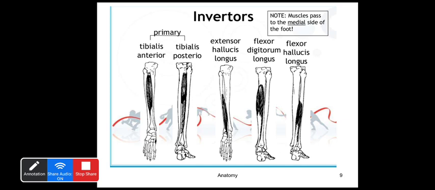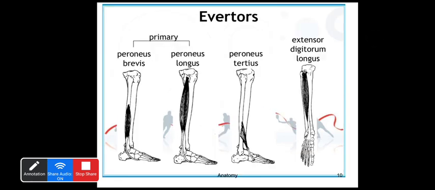These are the muscles responsible for the inversion at the subtalar joint, inversion of the foot. Of course, the movement is restricted while the foot is on the ground, with the weight transmission. So that's the muscles responsible for the inversion. Coming to the eversion, the chief evertor of the foot is the peroneus longus and brevis.